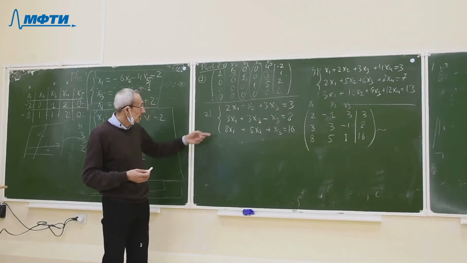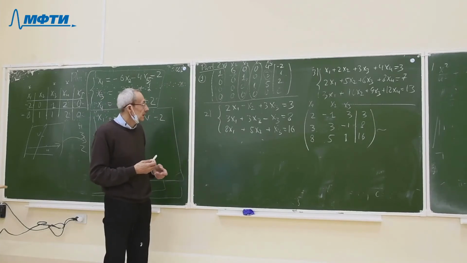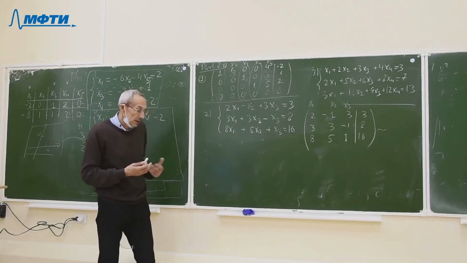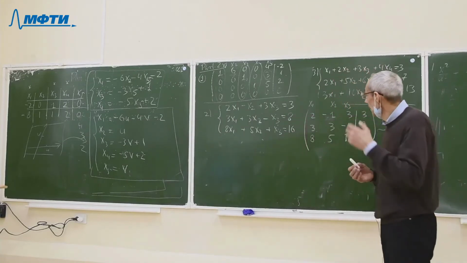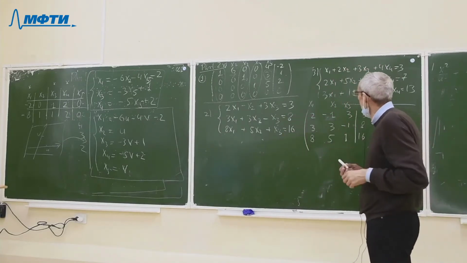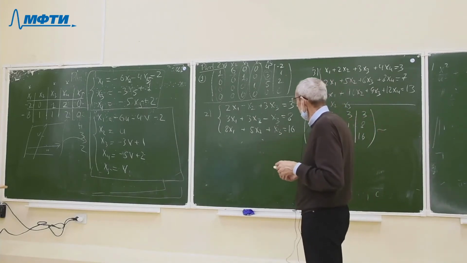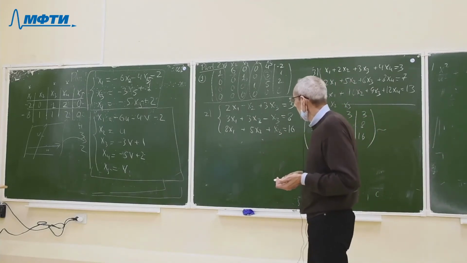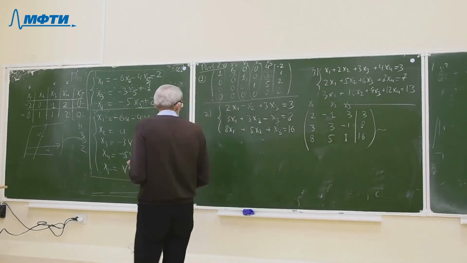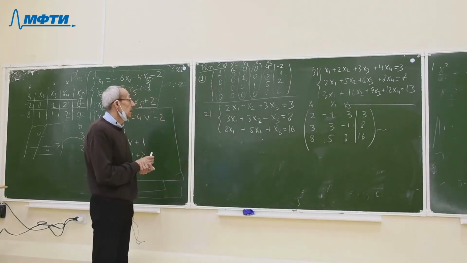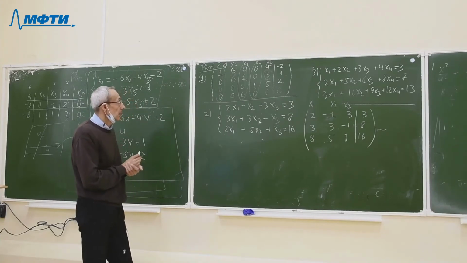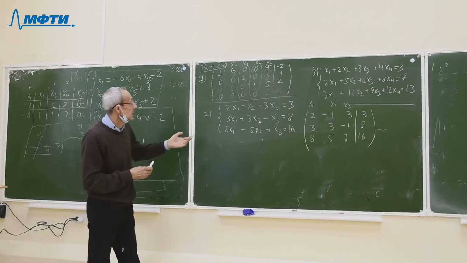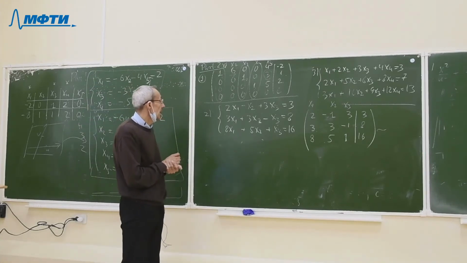But in this case, we obtain non-integer numbers, and working with non-integer numbers is harder than with integers. So we can use a complementary transformation.